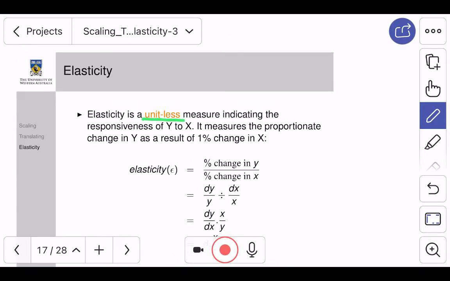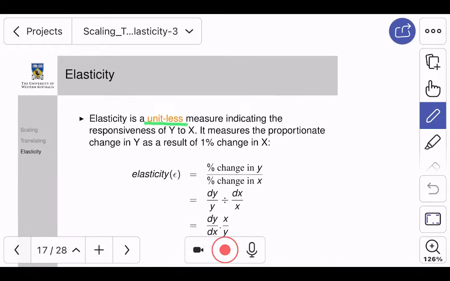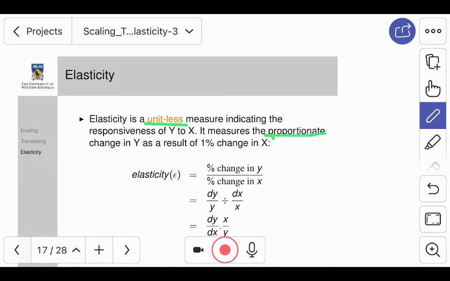Now, how does it do that? Well, it's sitting here in its definition. What exactly is elasticity? Well, elasticity is a measure of responsiveness. How well does y respond to x? And that responsiveness is measured in terms of proportionate change, not in terms of absolute.